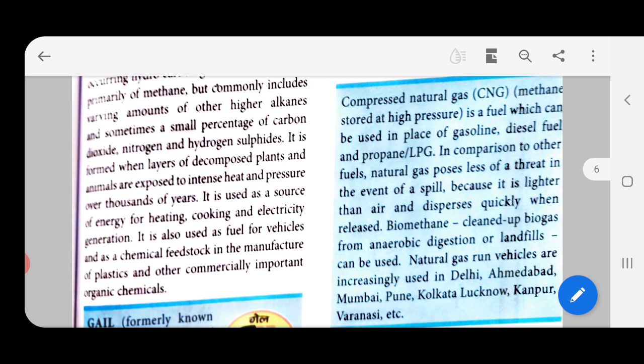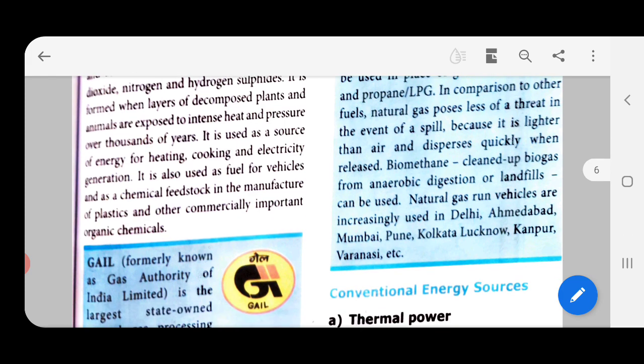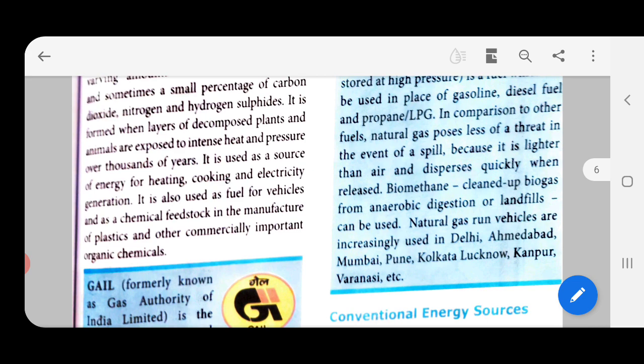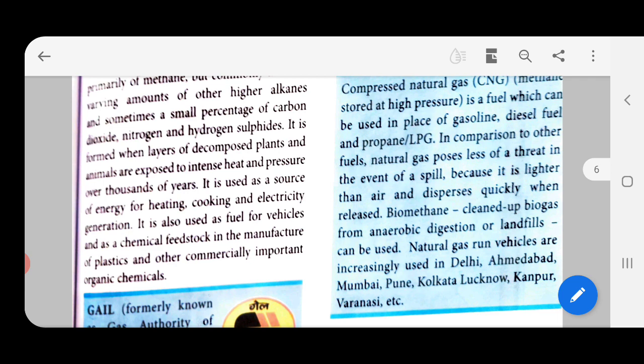It is formed when layers of decomposed plants and animals are exposed to intense heat and pressure over thousands of years. So this is very interesting. How do we get natural gas? When layers of decomposed plants, that is dead plants and animals, are exposed to intense heat and pressure over thousands of years, we get this natural gas.